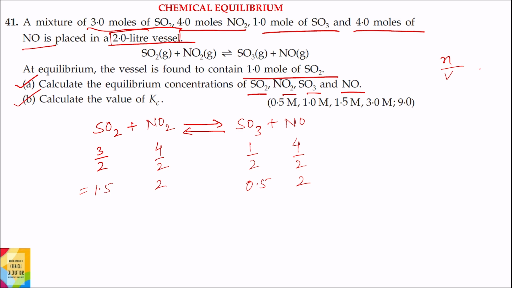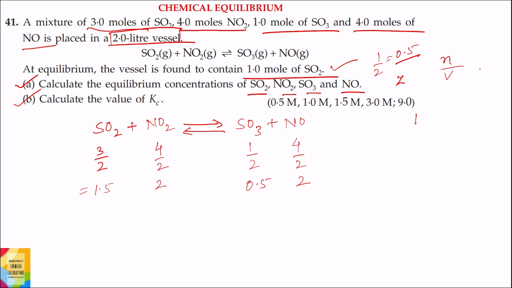Now it is given in the question that at equilibrium 1 mole of SO2 was remaining. So concentration of SO2 remaining is 1 by 2, which is equal to 0.5 moles per liter, 2 is the volume of the container. So if amount of SO2 remaining is 0.5 moles per liter, then amount of SO2 reacted, let it be Z moles per liter.